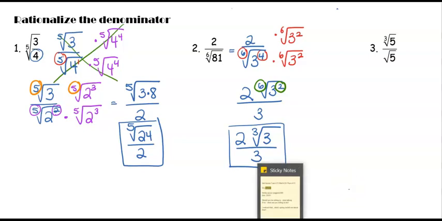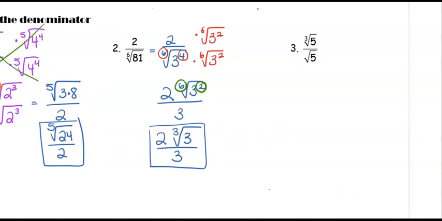Last one in this section. I look here. I am going to rationalize. There are a couple different ways in which you can rationalize this. But if I were to approach this problem, I would first notice that these have the same base. So this is 5 to the 1/3. This is 5 to the 1/2.